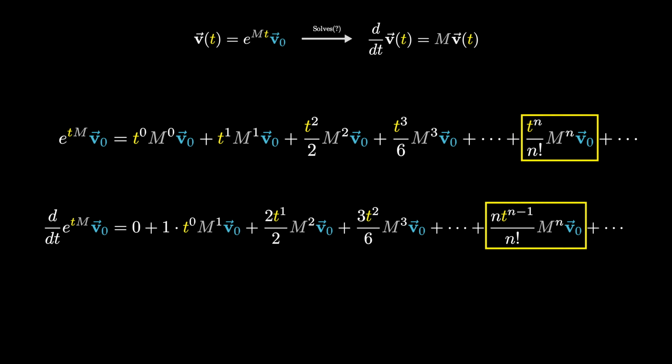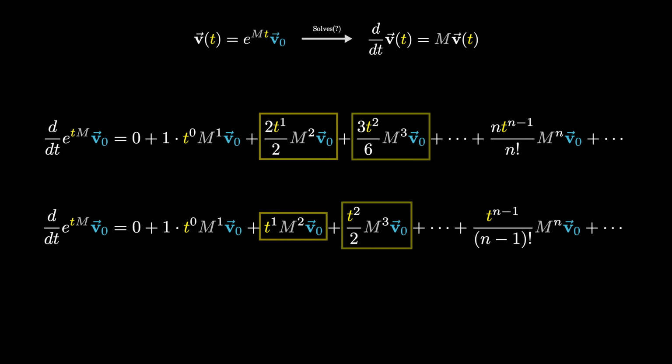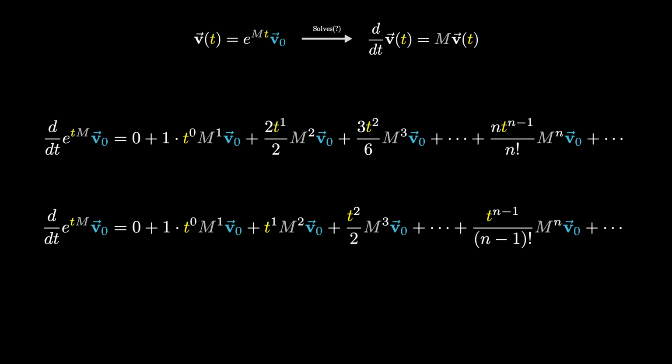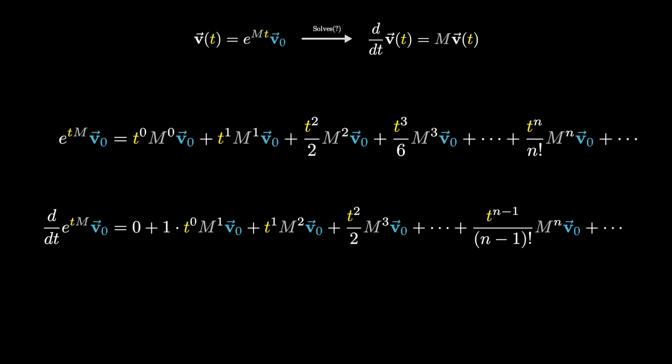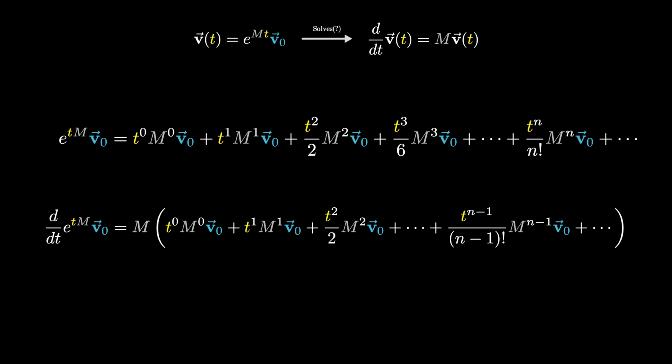And that power rule really nicely cancels out with the factorial terms. So what we're left with is an expression that looks almost identical to what we had before, except that each term has an extra m hanging onto it. But this can be factored out to the left. So the derivative of the expression is m times the original expression, and hence it solves the equation.